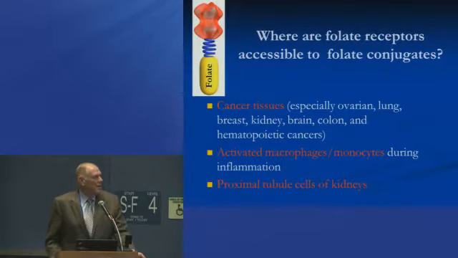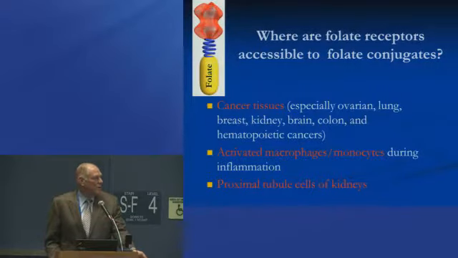But interestingly enough, the folate receptor is also overexpressed on activated macrophages and activated monocytes, but not on their resting counterparts. And recently we have found that a subset of these cells migrate into tumor tissues. They're called myeloid-derived suppressor cells, and they turn off the immune system in tumor tissue and induce angiogenesis and release growth factors.